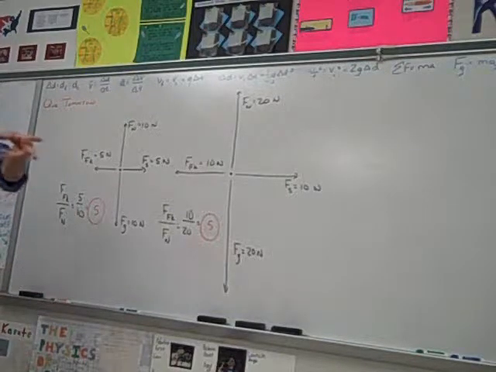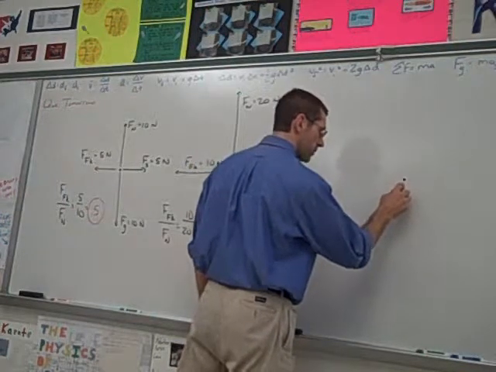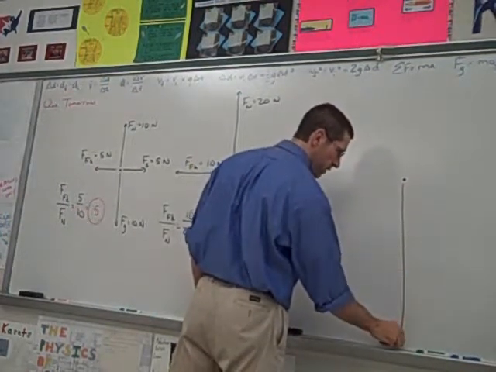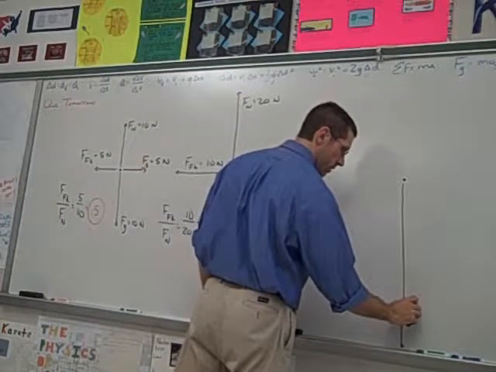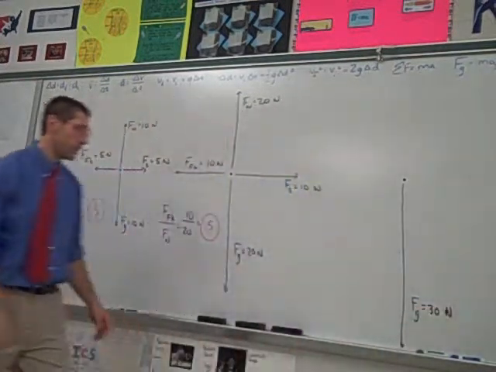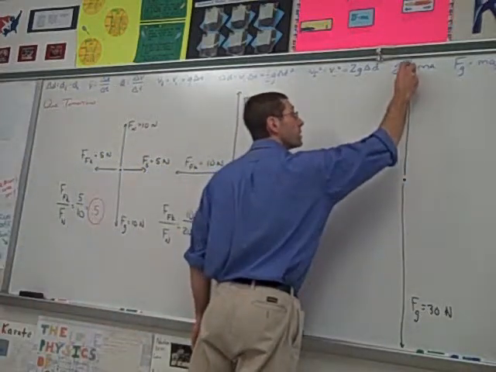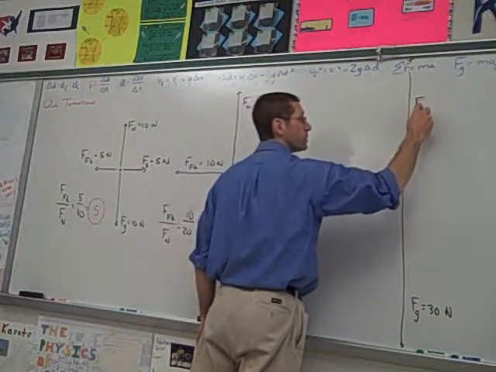And now I put another kilogram in my box, and gravity pulls down with even more force, and now that force of gravity goes to 30 newtons. And then I know that my normal force is 30 newtons.